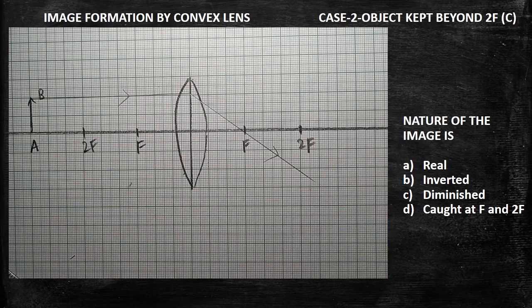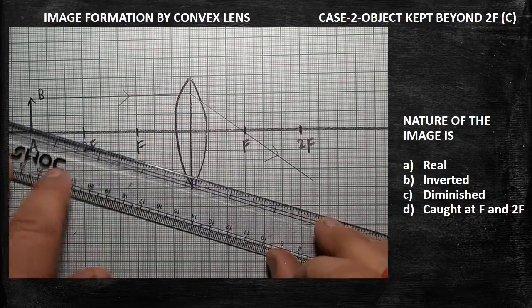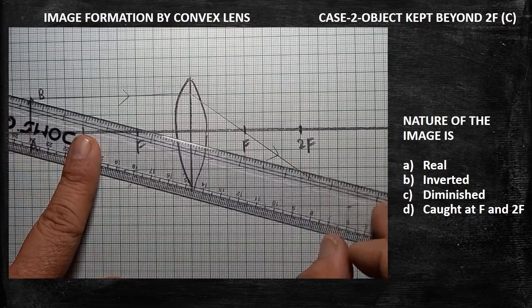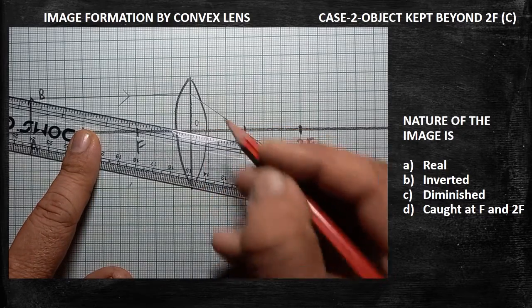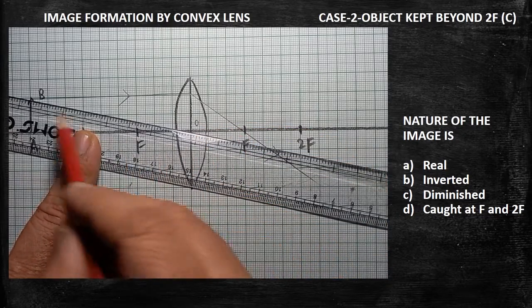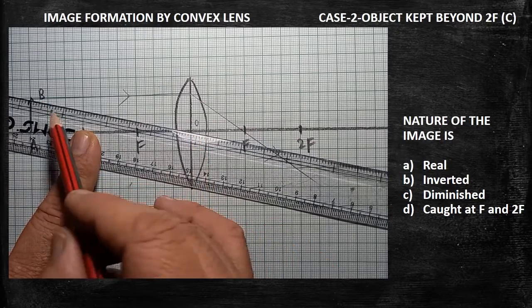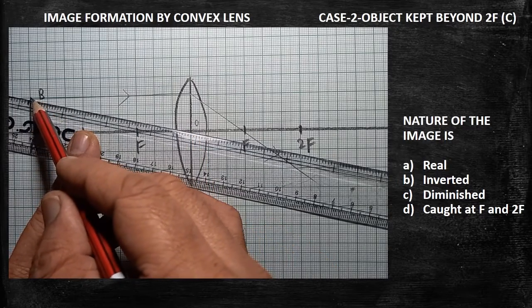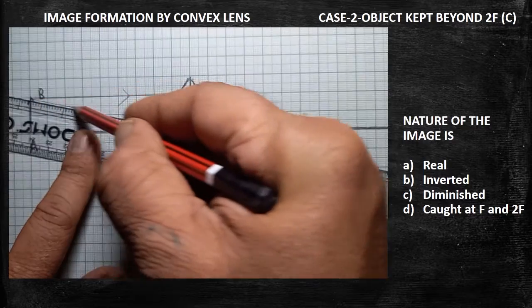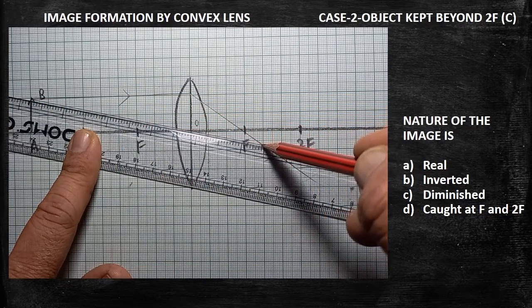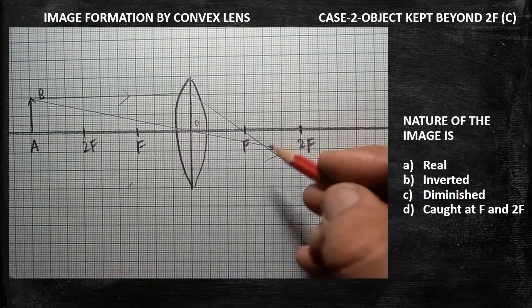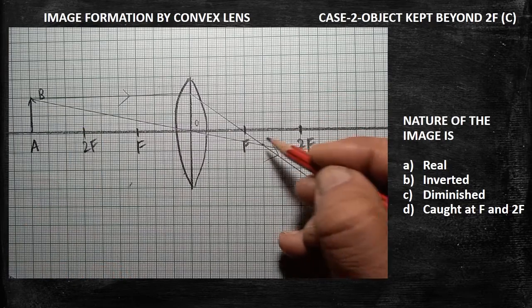Now it is drawn. The refracted ray is drawn. Now one more ray is to be drawn from the head of the object. That one will pass through the center of the lens. Are you clear? Through the center of the lens, another ray is to be made to pass through. Now look at that, both the two rays are intersecting here.